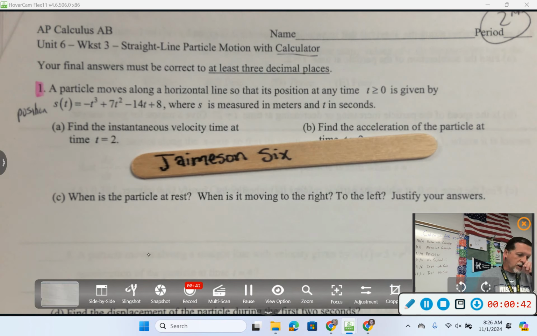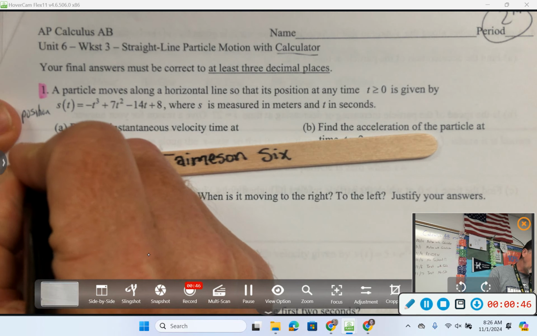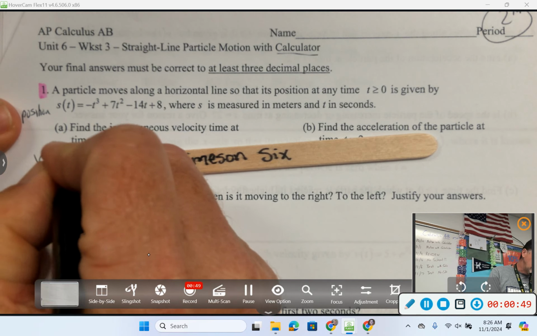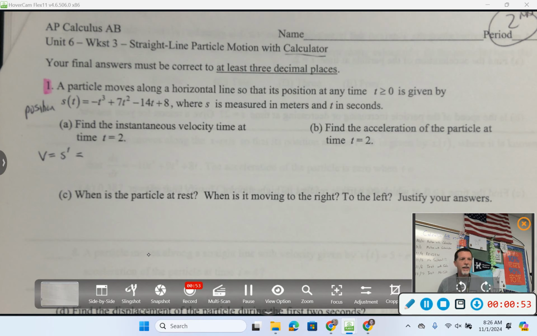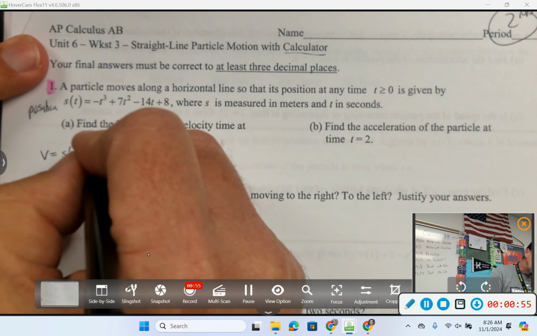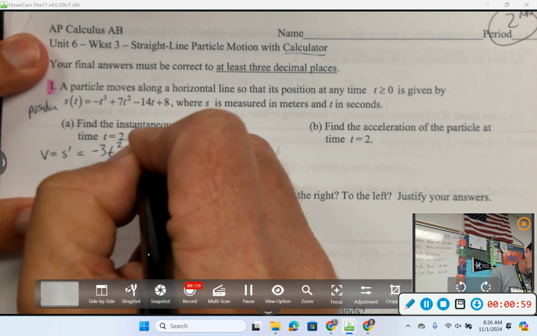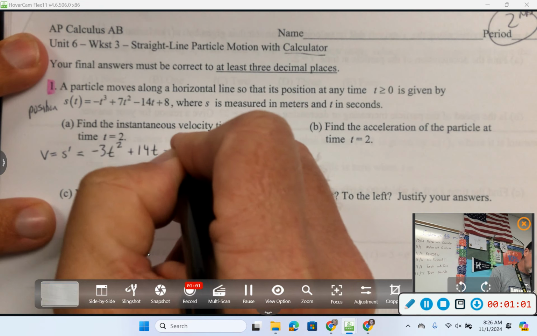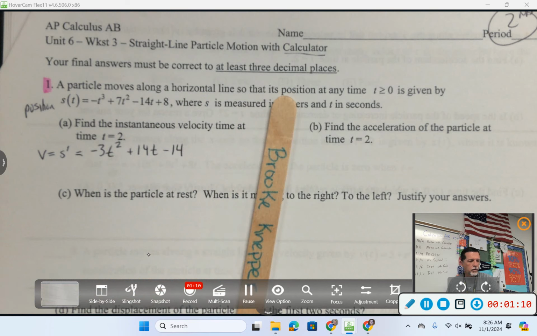So, Jameson, what should I do first? Take the derivative of s. I want to indicate that I'm taking a derivative, so s prime or ds/dt. So, negative 3t squared plus 14t minus 14. At 2, so Brooke, what do I do about the at 2 part?